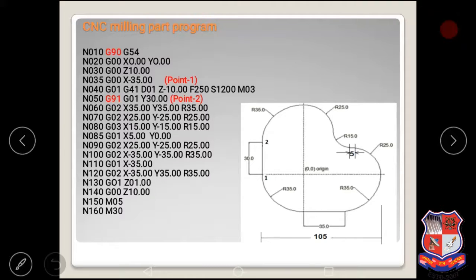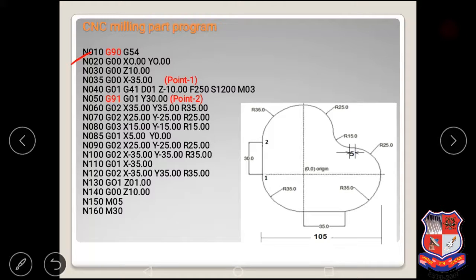Let's start to write the program with block number N010 in absolute mode. Here we have 4 options. We can write the program in absolute diameter mode, absolute radius mode, incremental radius mode or incremental diameter mode.